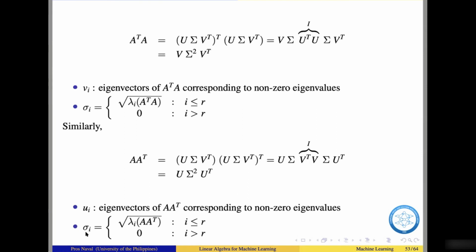And the singular value is equal to zero when i is greater than the rank r. Otherwise it's equal to the square root of the eigenvalue of A A transpose.